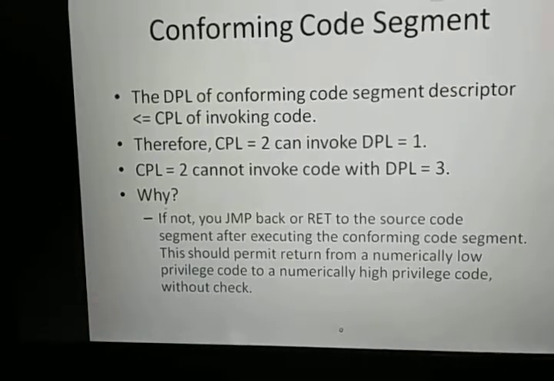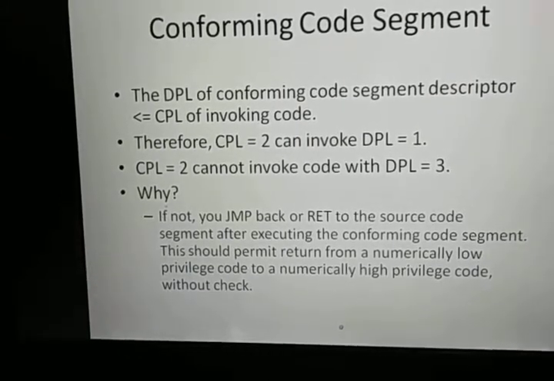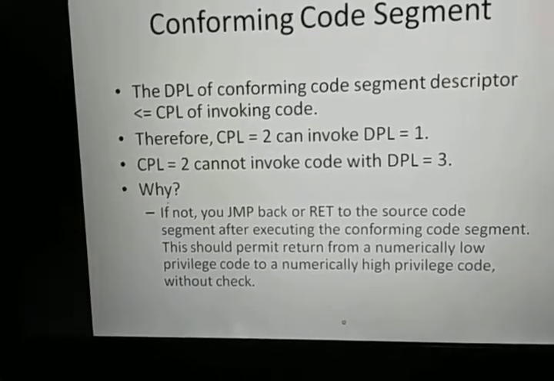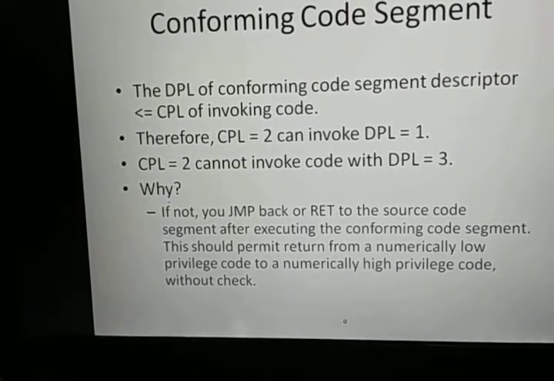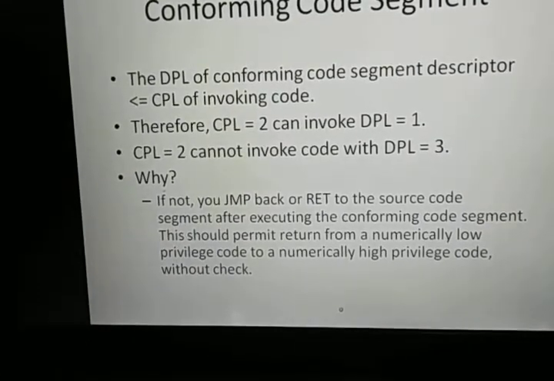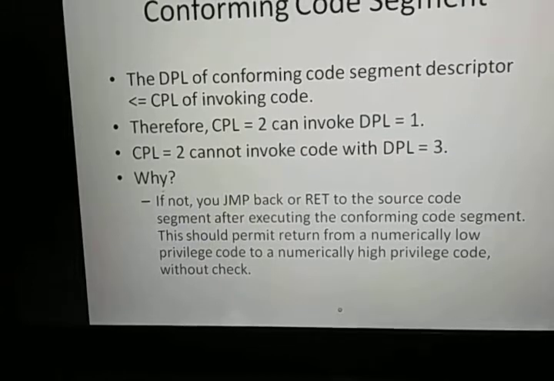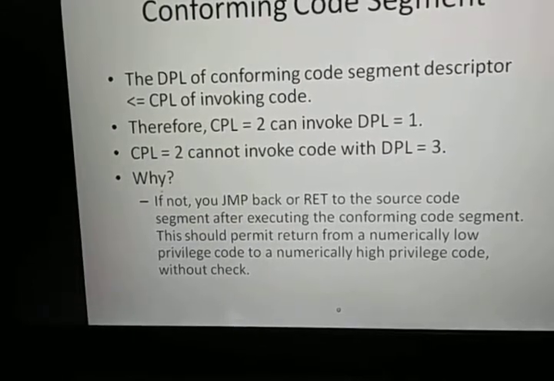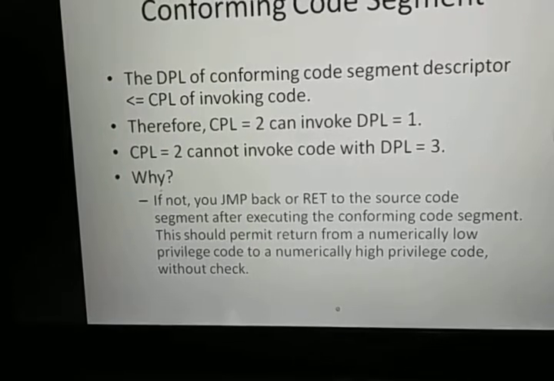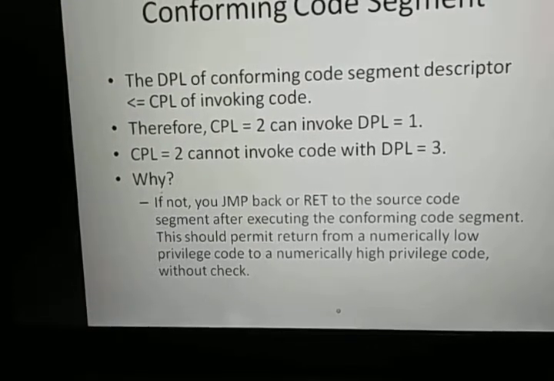Therefore, a CPL of 2 can invoke DPL equal to 1. CPL 2 cannot invoke code with DPL equal to 3, because when you return to the source code segment after executing the conforming code segment, it should permit return from a numerically low privilege code to a numerically high privilege code without checking.